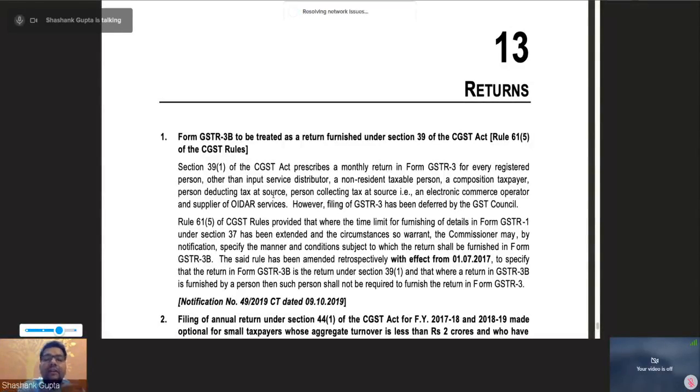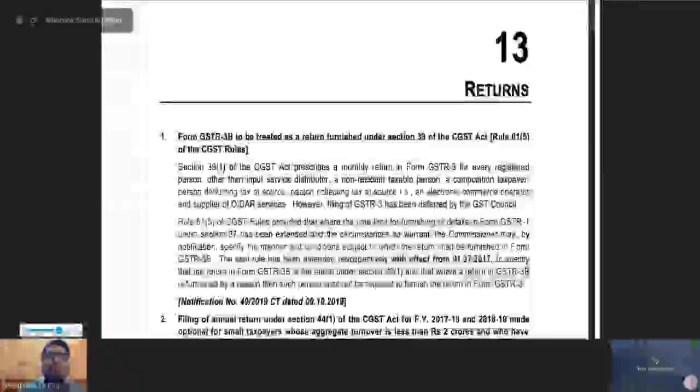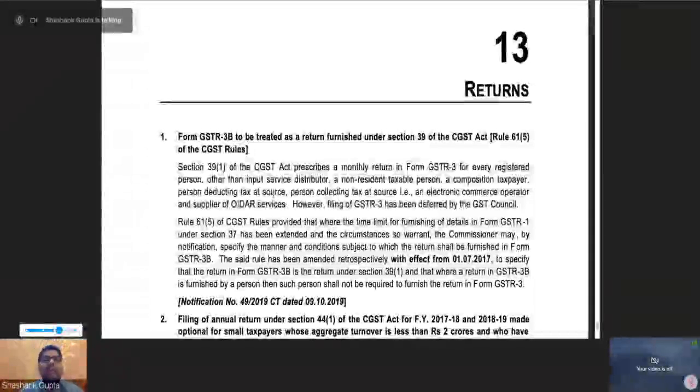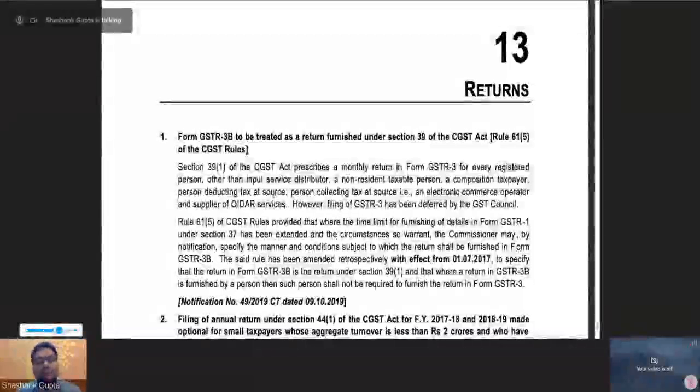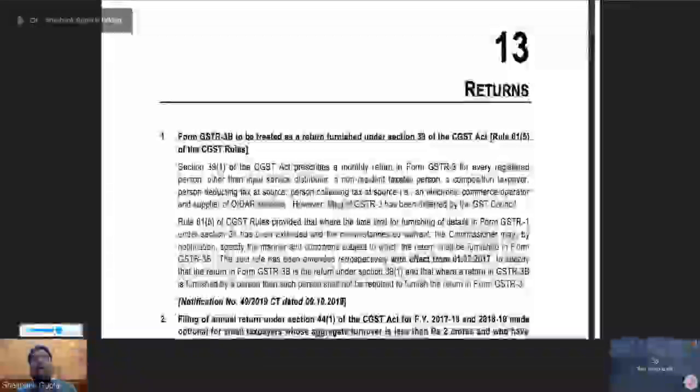Hence, for the financial year 17-18, 18-19, that last date limit will not be applicable. And the court agreed that yes, what you are saying is correct. So to do away with such a judgment, a retrospective amendment was made in the law, and GSTR 3B was recognized as a return.